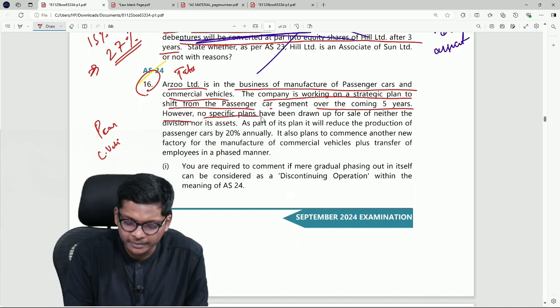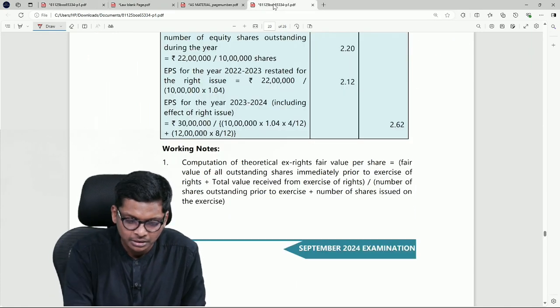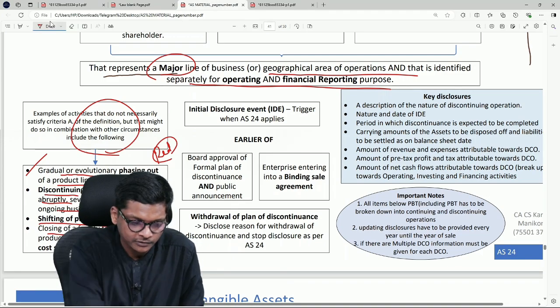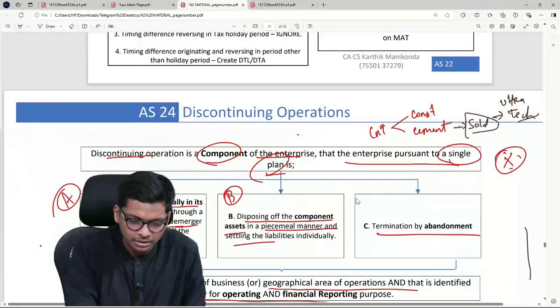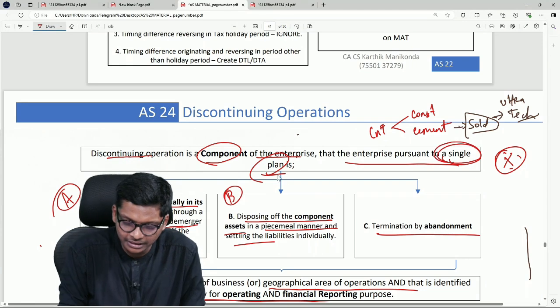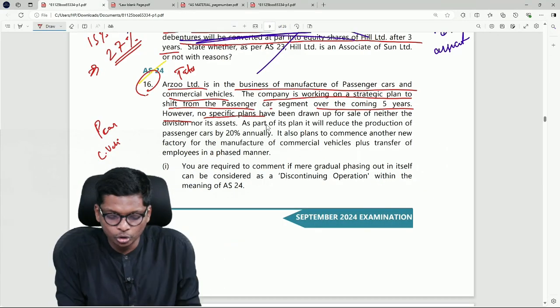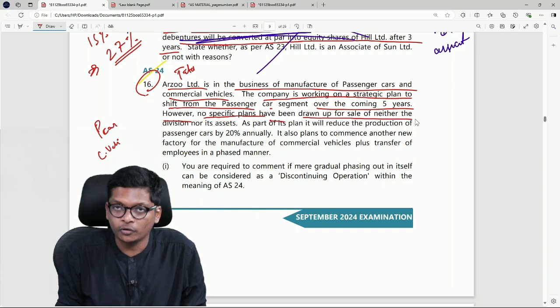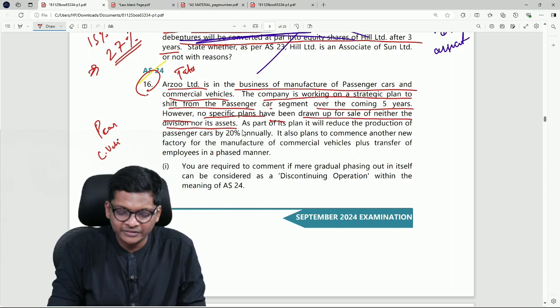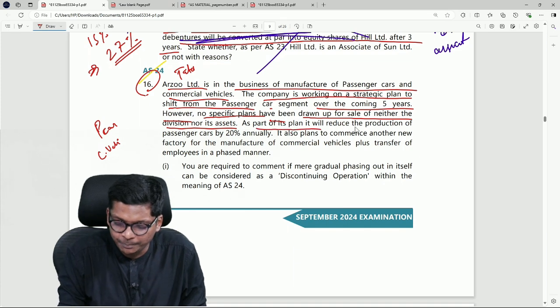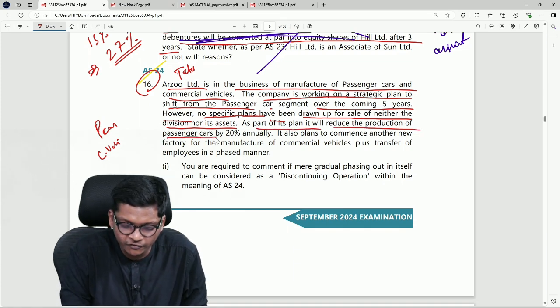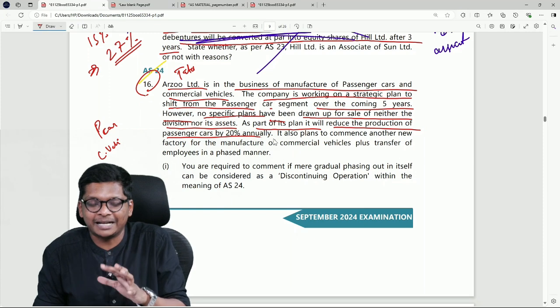No specific plan. Look at this. What does the definition say, guys? There has to be a single plan. We started off with the word single plan. So no specific plan has been drawn up for sale of any of its assets. As part of its plan, it will reduce production of passenger cars by 20% annually.